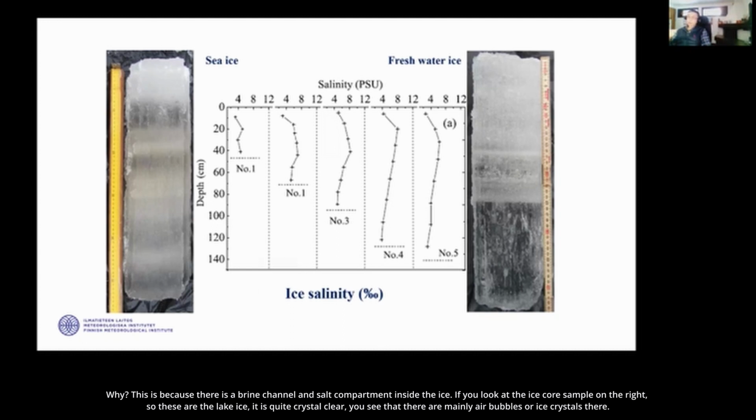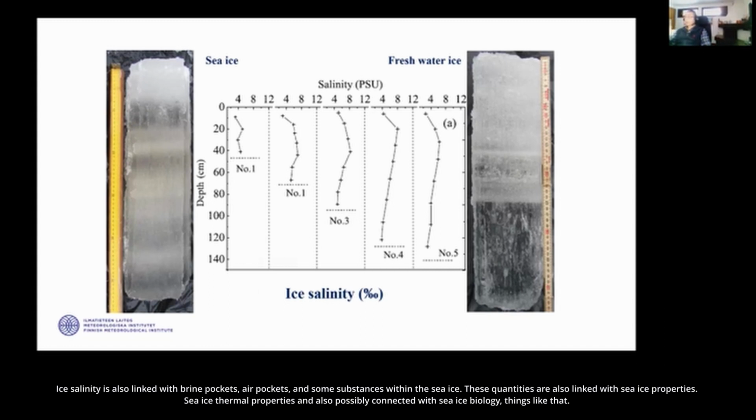Why? This is because there are brine channels and salt compartments inside the ice. The ice core sample on the right is lake ice. It is quite crystal clear, and you see mainly air bubbles or ice crystals there.